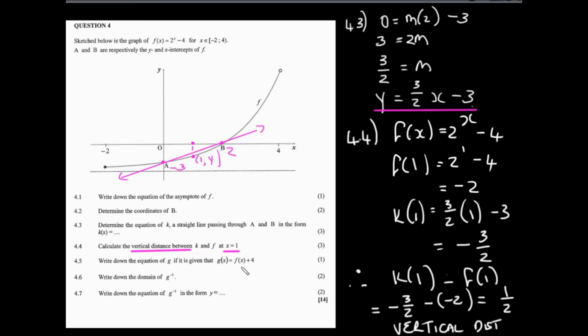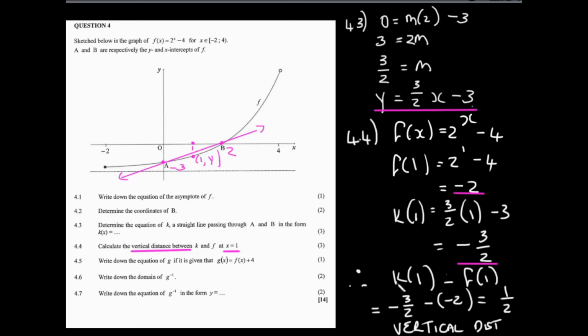This means that we are going to need to substitute that 1 into both k and f and see what our corresponding y values are. So we'll see that our corresponding y values for f, it's -2, and for k we see that is -3 over 2.